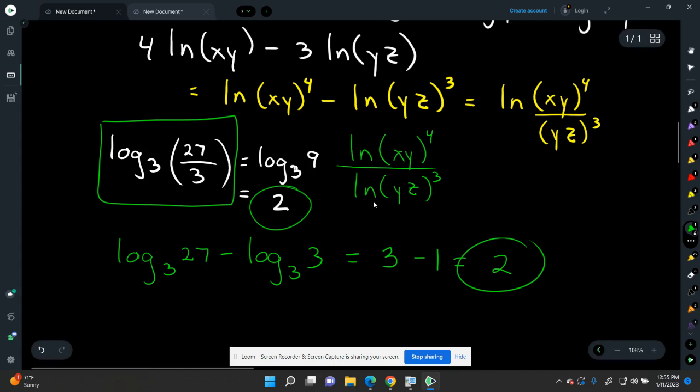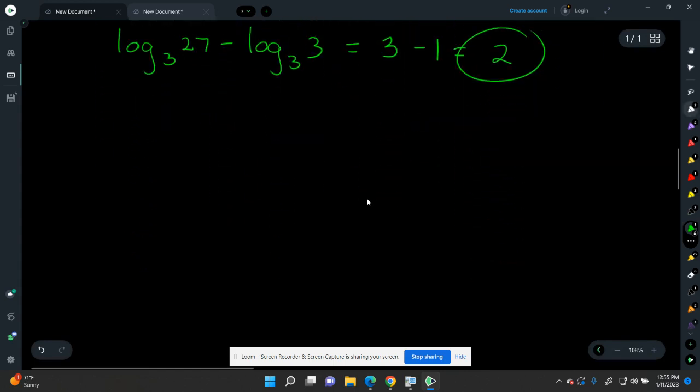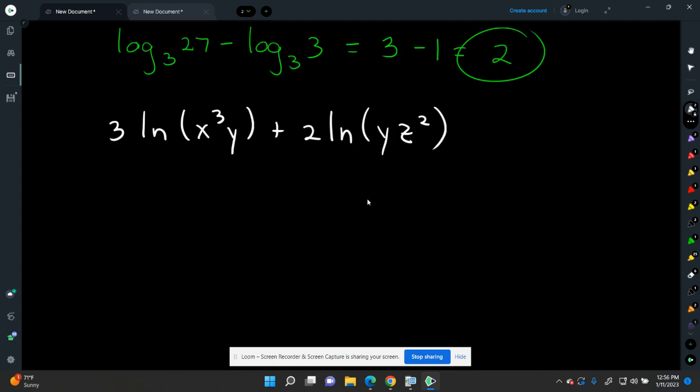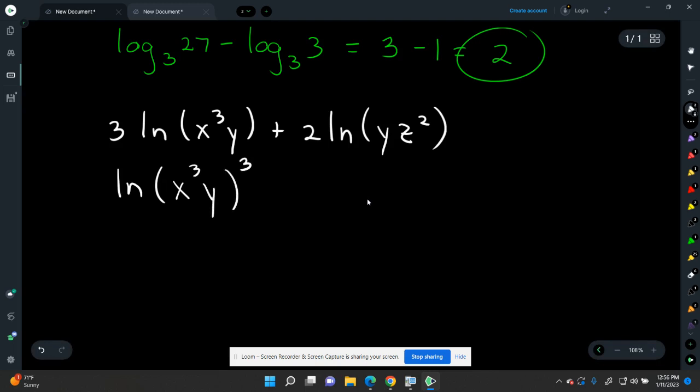Okay, let's look at number 10. So we have 3 natural log of x to the third y plus 2 natural log of y z squared. Okay. What are we going to do? Caleb, what are we going to do? Good.